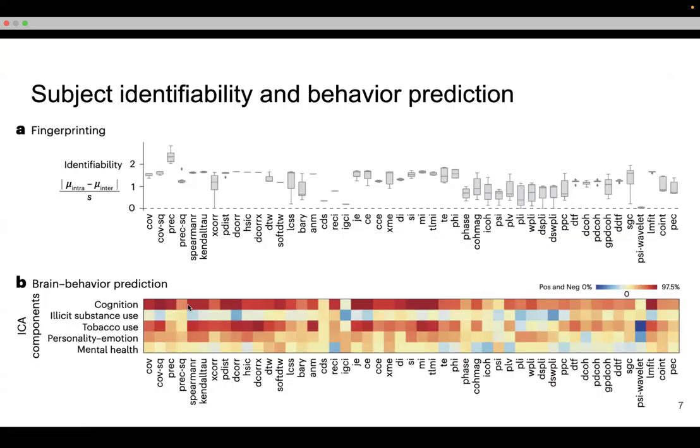What they found here, again, is that some methods can potentially be better for predicting some kind of behavior, but I don't see any clusters here. So maybe the covariance family is behaving more or less the same.